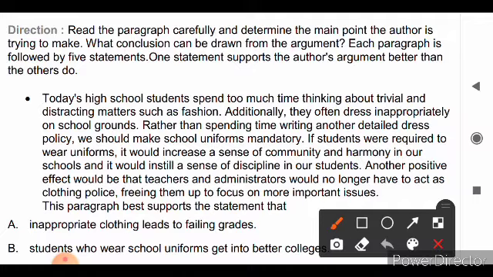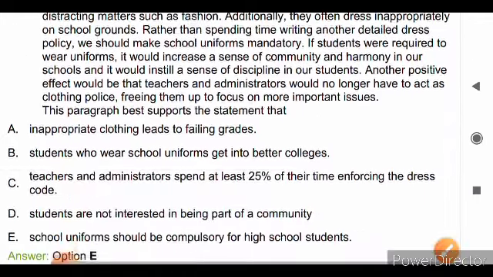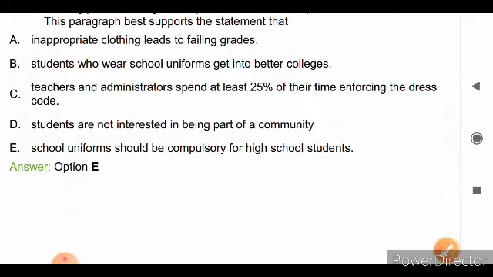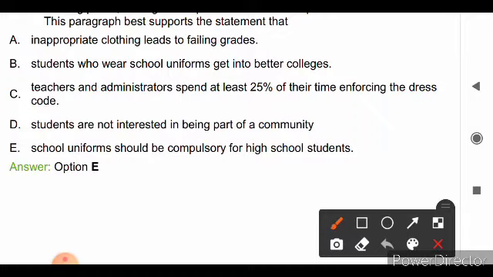This paragraph best supports the statement that: option A, inappropriate clothing leads to failing grades. Option B, students who wear school uniforms get into better colleges. Option C, teachers and administrators spend at least 25% of their time enforcing the dress code.